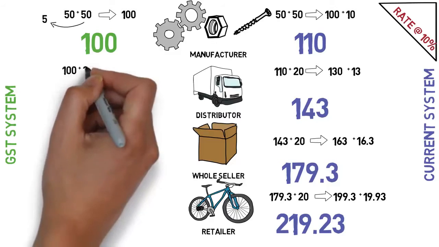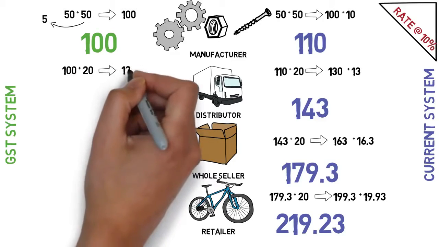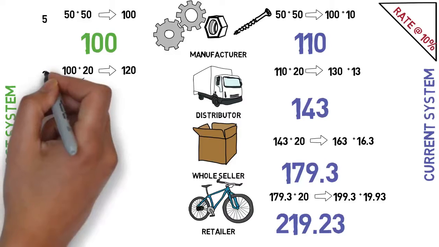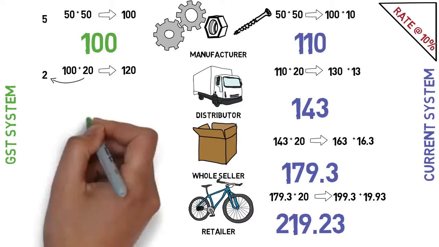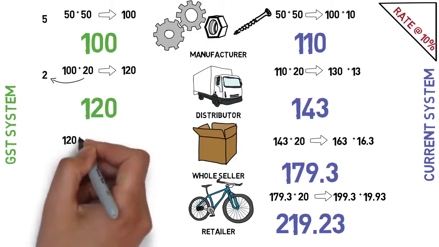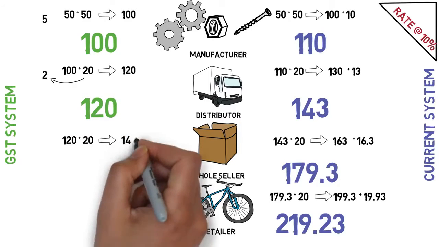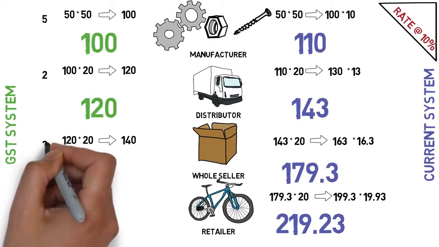Then the distributor adds 20 rupees profit and the product becomes 100 plus 20, which is 120 rupees. He pays the tax of rupees 2 on his profit of 20 rupees. The wholesaler buys the product for 120 rupees and follows the same pattern, adding 20 rupees as his profit, and the price becomes 140, and pays the tax of rupees 2 on his profit of 20 rupees.